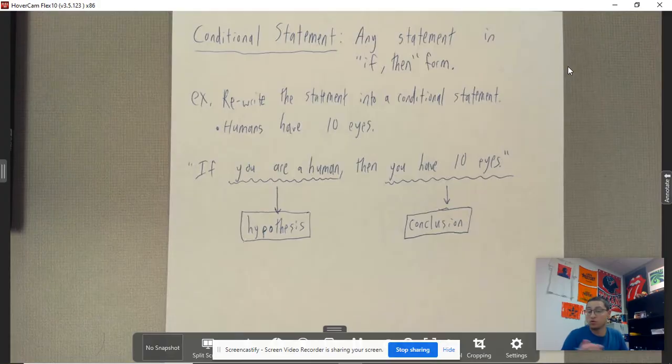Okay, now you have those two different parts for any given conditional statement. Now, we have a few symbols here. We don't use the symbols too often, but they are there, and I want to go over them. With the hypothesis and the conclusion, we have symbols for them.